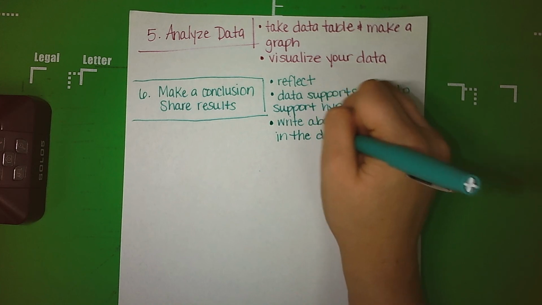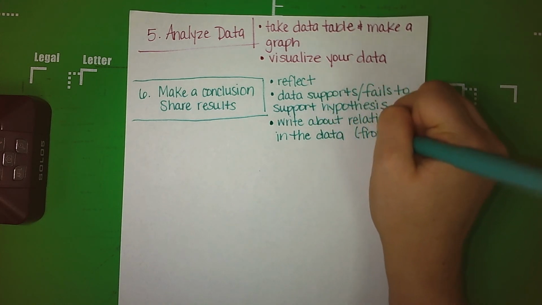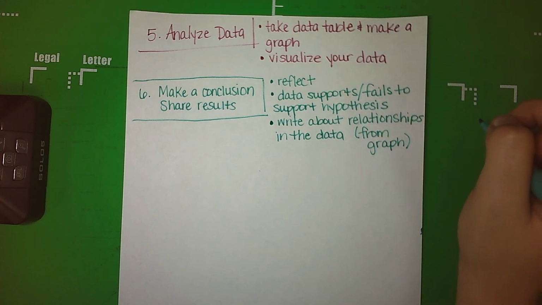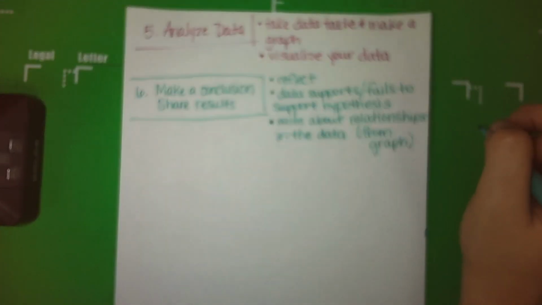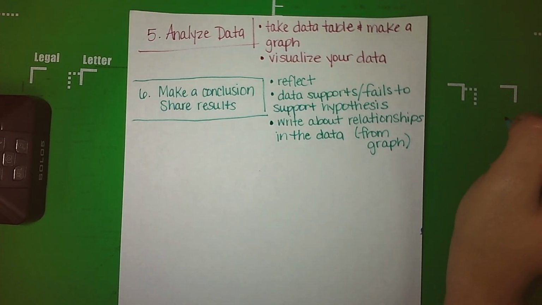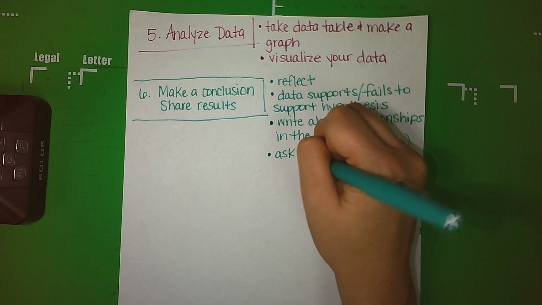So maybe with more time, you're going to use your graph, okay? So maybe your graph shows that over time things increased, or the longer something was being tested, the less it worked, okay? You're also going to ask more questions.